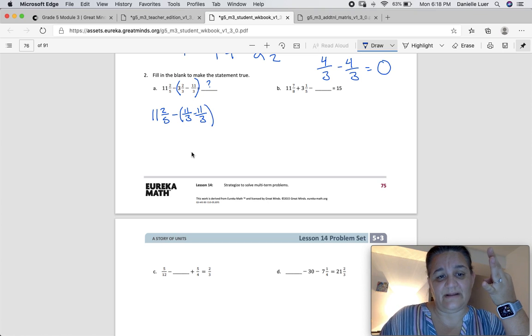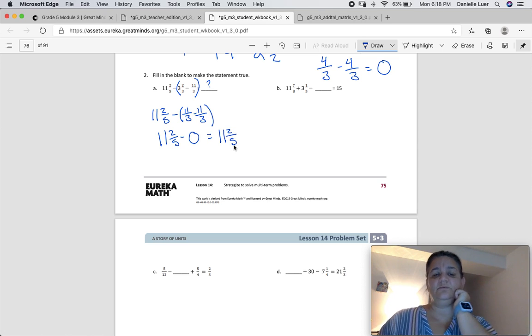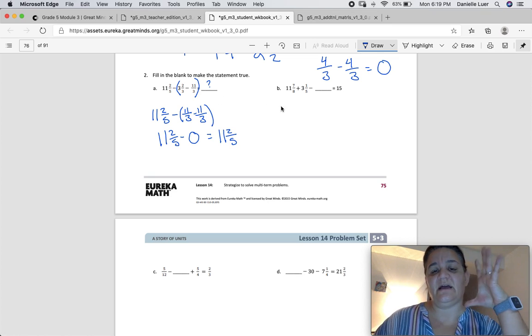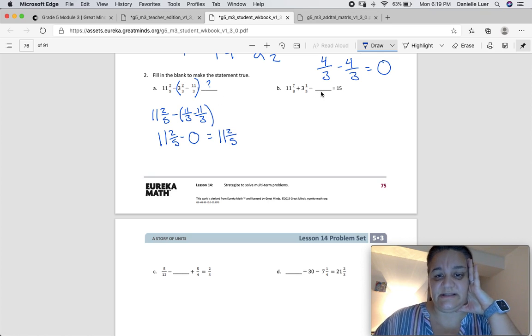Well, look what happened there. That turned into 0. So 11 2/5 minus 0 equals, what's my answer? 11 2/5. Great. Do you see how sometimes using parentheses can help us kind of visualize and organize our thoughts just a little bit better?